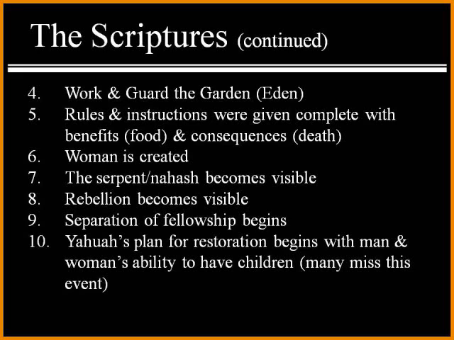And there were some instructions given with rules, complete with benefits, which include food and environment, a nice and beautiful environment, and consequences which led to death or the broken fellowship of man with the Almighty. We see a woman was created, which many people know by the English term as Eve, and of course she has a Hebrew term, and I don't know it right offhand.